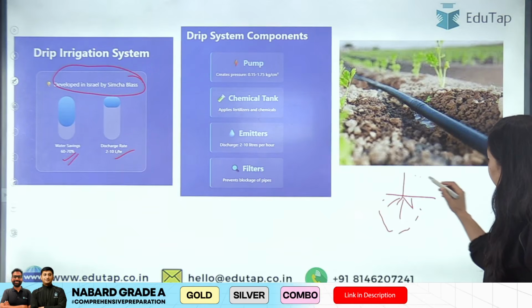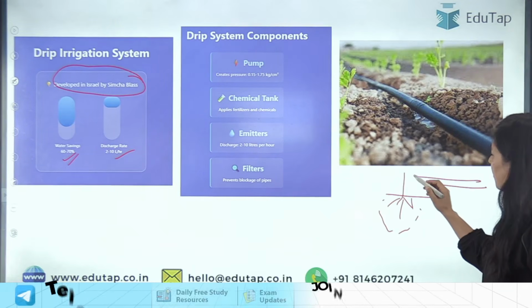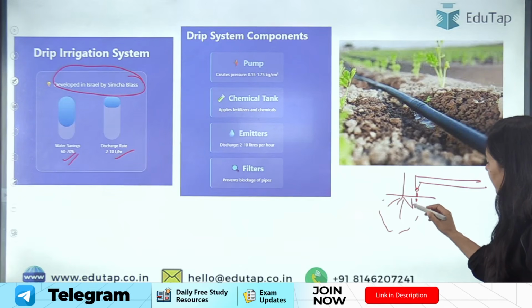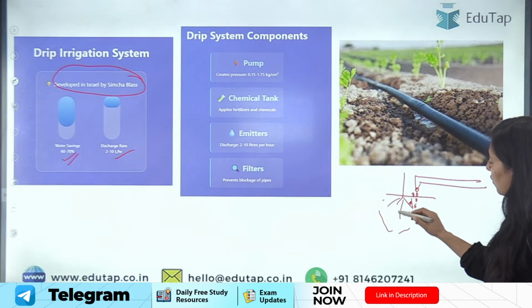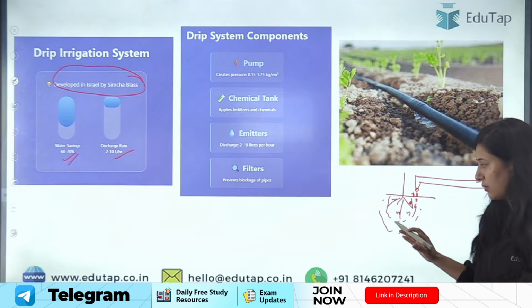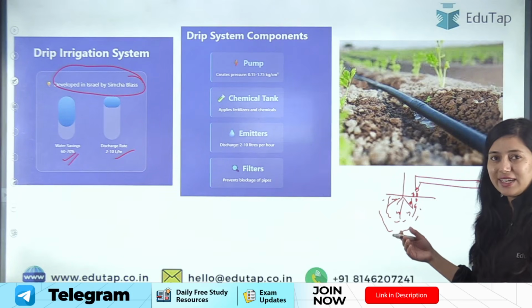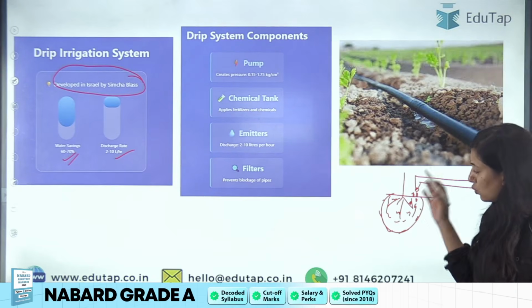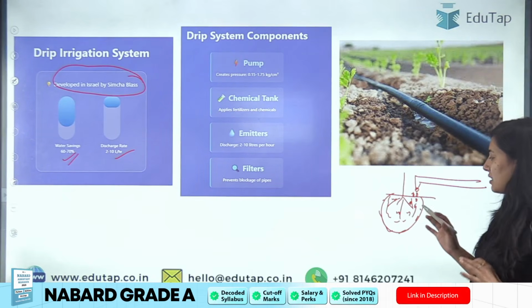So what we are doing, with the help of drippers or pipes, is irrigating drop by drop just around the root zone. Okay, with this we are saving a lot of water. We are not just blindly irrigating anything; we are first of all applying water to the root zone only, where it is required.